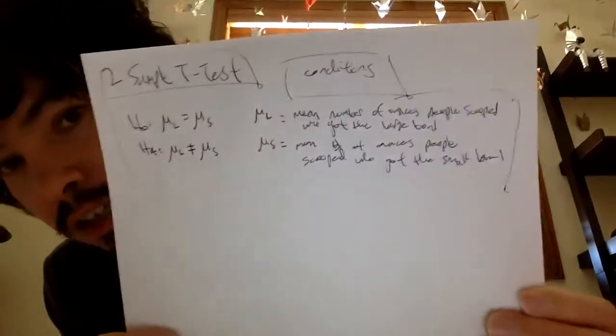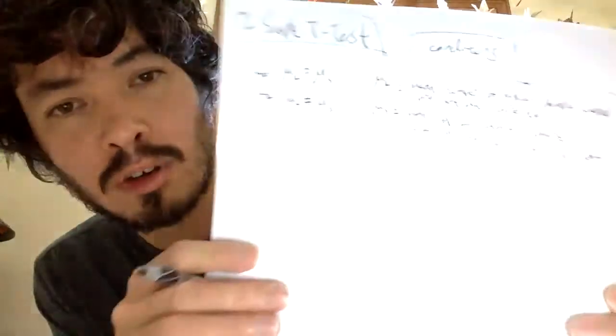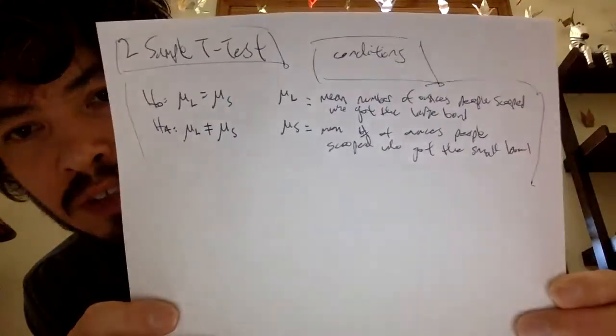Make sure you define those things. Context for your hypotheses. Mean number of ounces people scooped who got the large bowl. Mean number of ounces people scooped who got the small bowl.